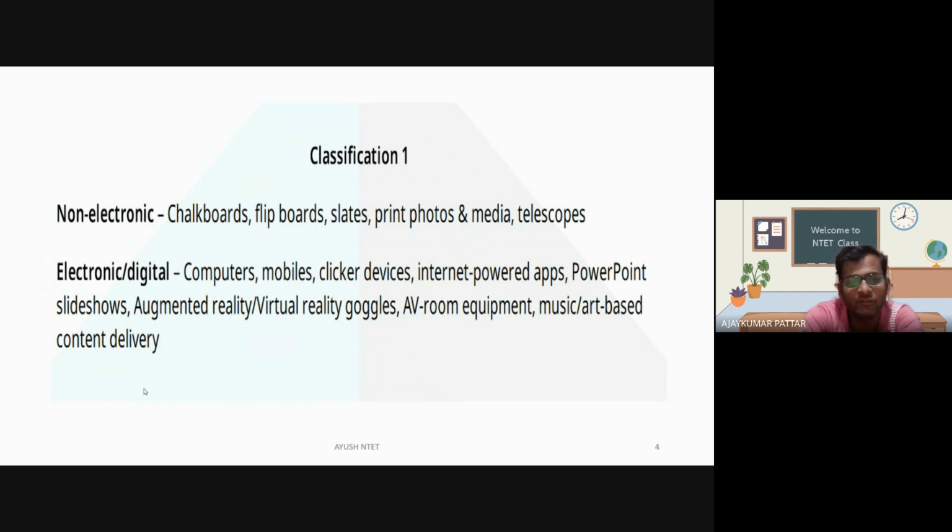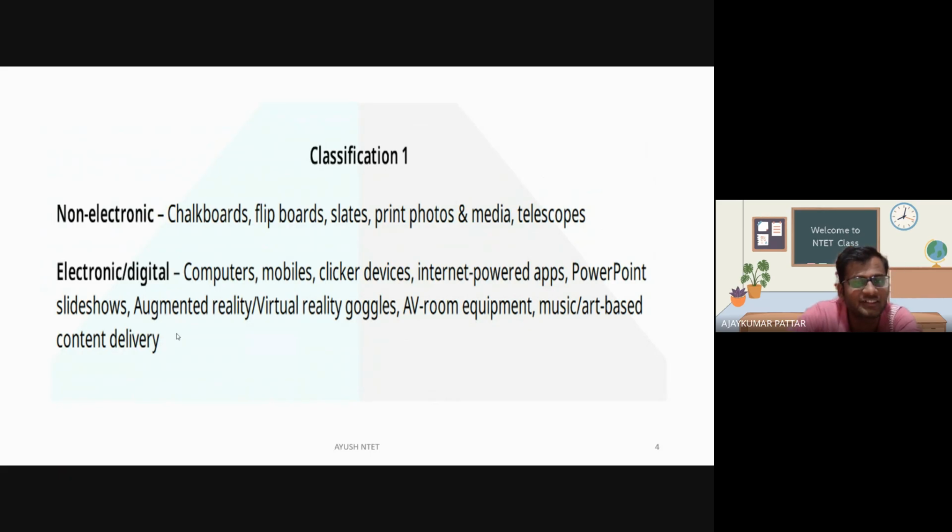So AR and virtual reality goggles, AV room equipment, music, art-based content delivery. This comes under electronic or digital. So these things need electric current for their usage. That's why teaching aids are broadly classified as non-electronic and electronic.